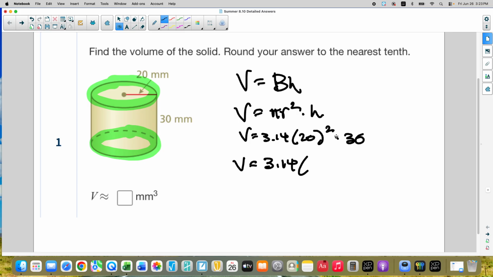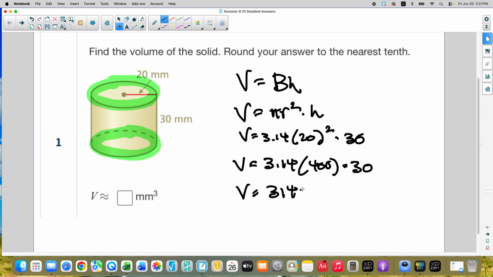314, 20 times 20 is 400 times 30. The two zeros move the decimal point, so that's really 4 times 314. Or it's kind of like 12 times 3,140.